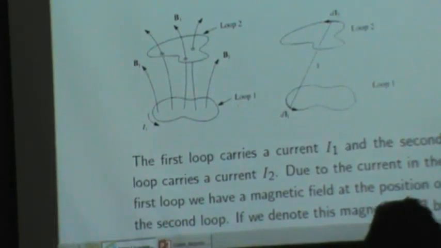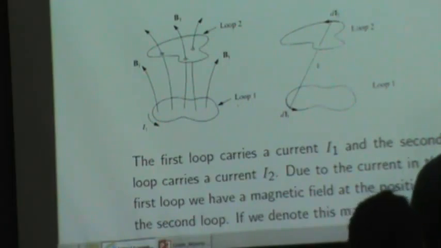Let's consider this one is loop 1, and you have another loop 2, and this carries a current I2 in that direction, and let's find the flux over this area due to the current flowing through this one, I1.